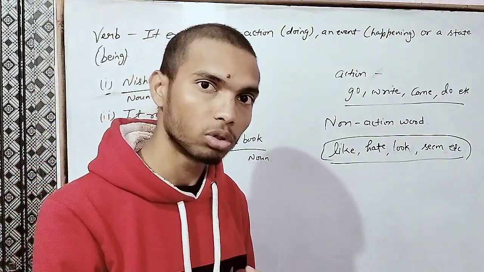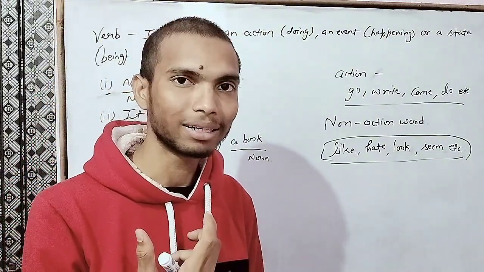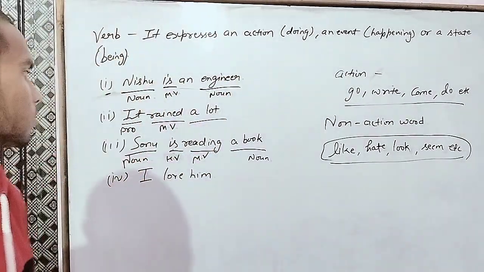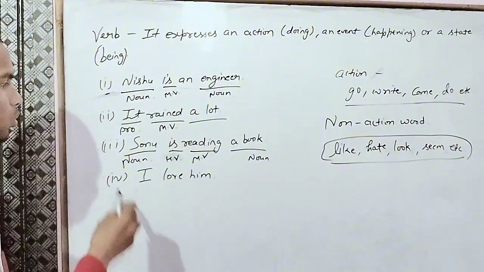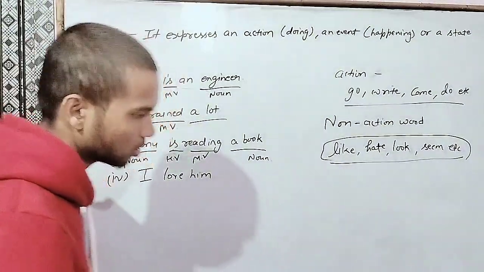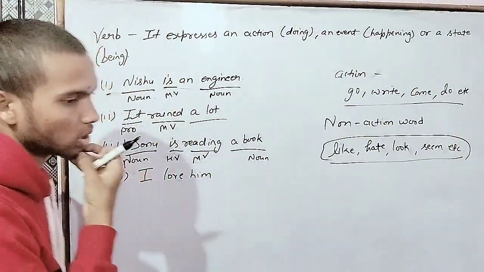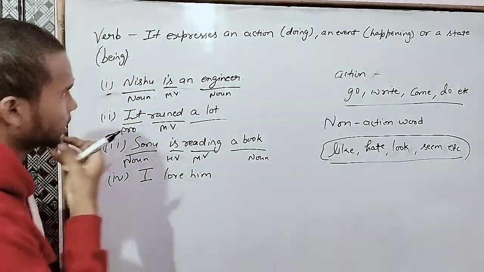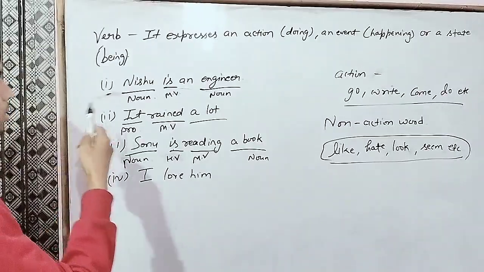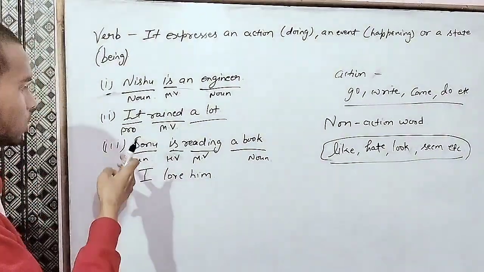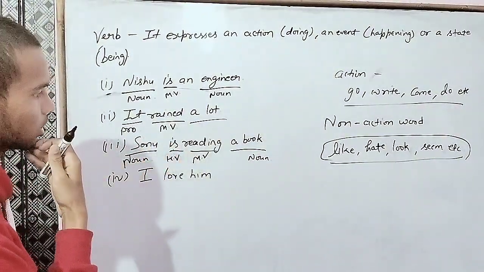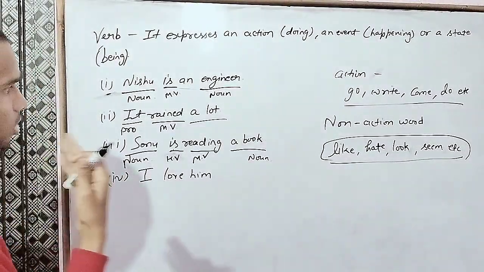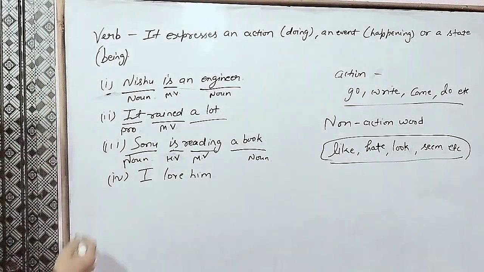So for showing physical activity, we take an action word. Clear? So here Sonu is a doing person, and Sonu is in motion. Nisha is not a doing person. Clear?